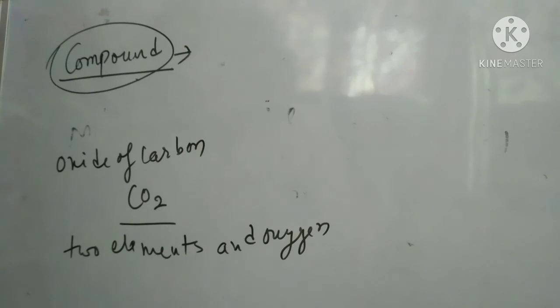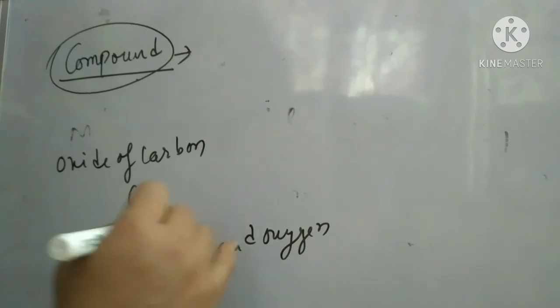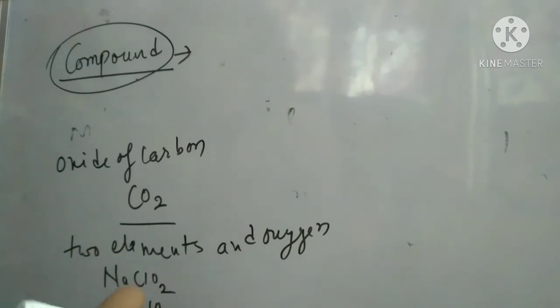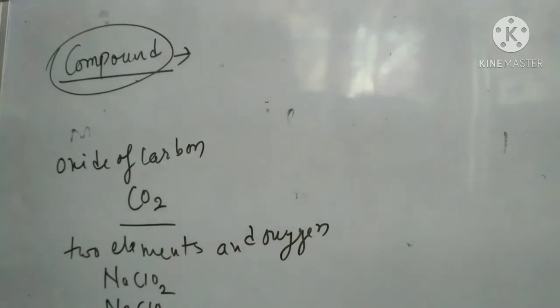For example, sodium chlorate NaClO2. So, and if it is sodium chlorate NaClO3. So in this way, these compounds are named.